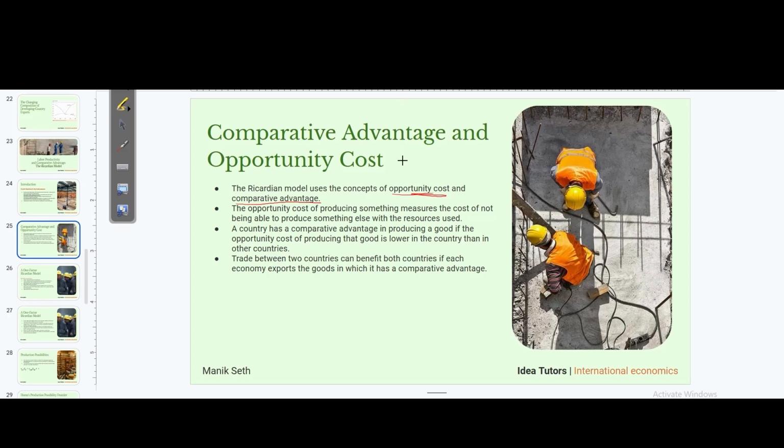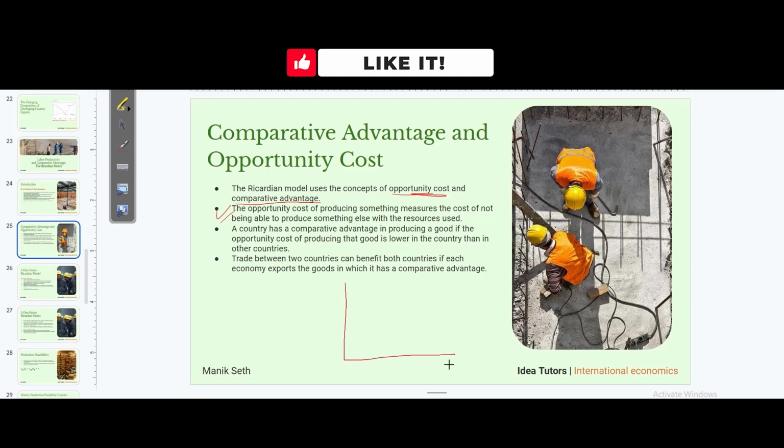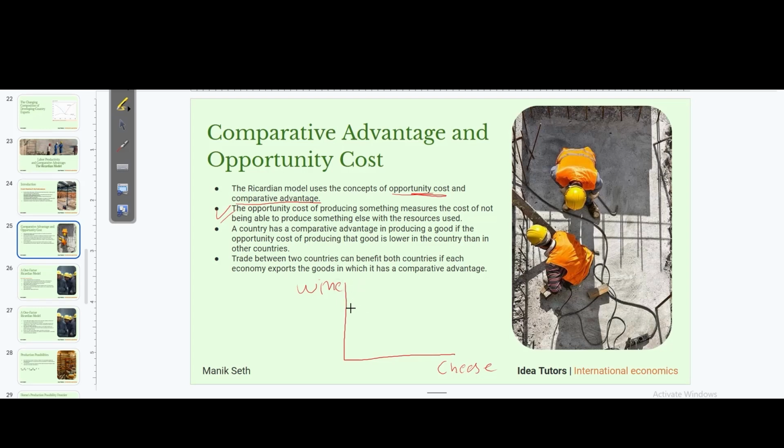The opportunity cost of producing something measures the cost of not being able to produce something else with the resources we have. Every economy has limited resources, and with those limited resources you have to produce what you can. For example, there are two goods, wine and cheese, and I have a resource which is labor.